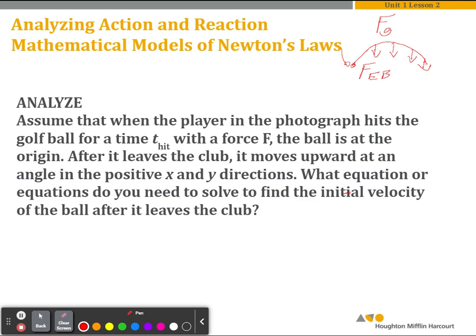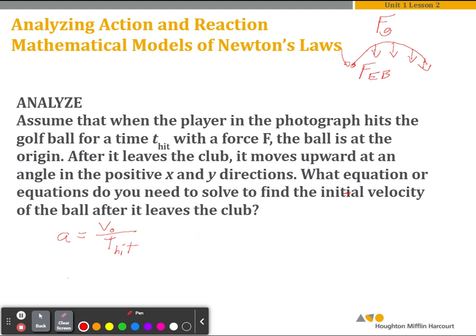There are two equations you're going to need in this case. The first one is that the acceleration is equal to the initial velocity divided by the time of the hit.